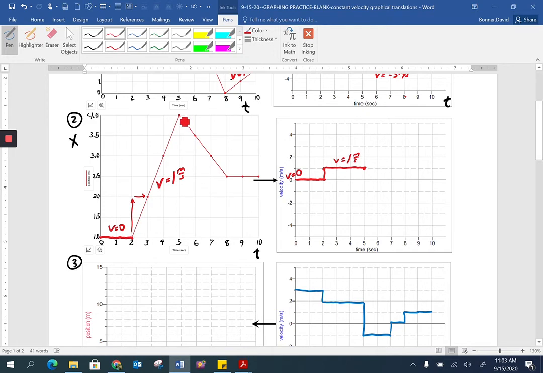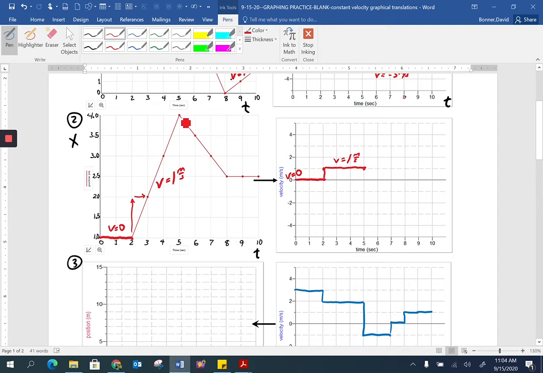Now it looks like we're going to immediately change speeds to a negative velocity. This of course means that it's moving backwards, because it's taking that tape measure value that it has at 4 meters right at time equals 5, and it's going to start subtracting distance, which is going to get it closer and closer to 0 meters, although it's only going to reach 2.5. Remember, the negative slope simply means that you're moving backwards on a position-time graph.